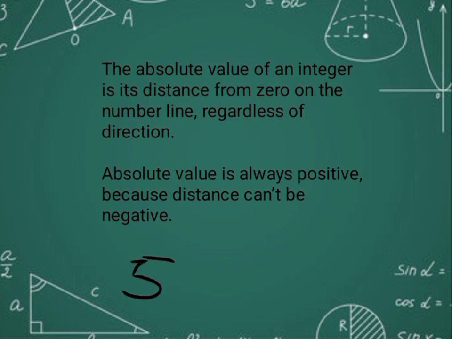In absolute value, it has the 2 vertical lines, like parallel. The absolute value of 5 is equal to 5. Even if it is negative 5, it is also equal to 5, because the rule of absolute value is that it is always positive.